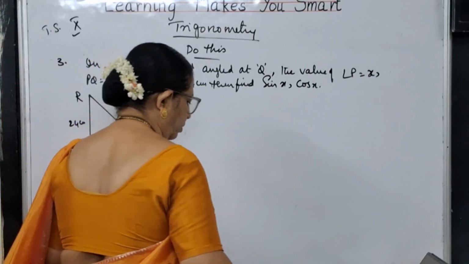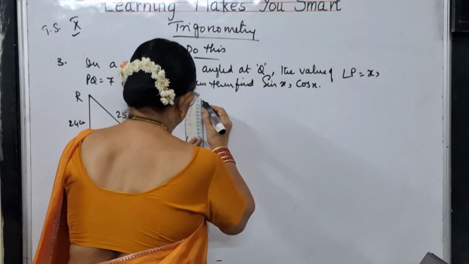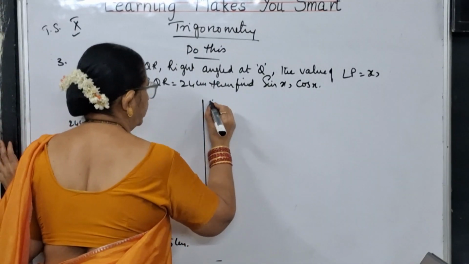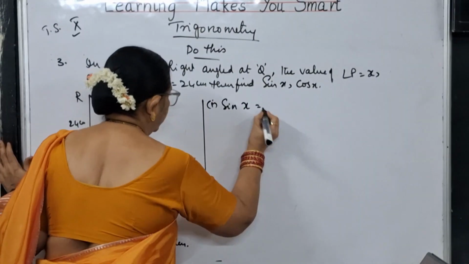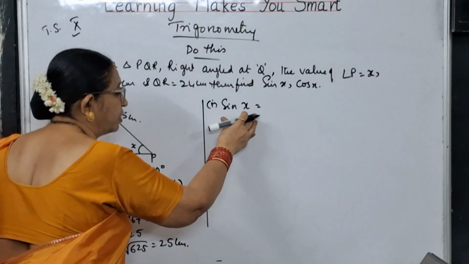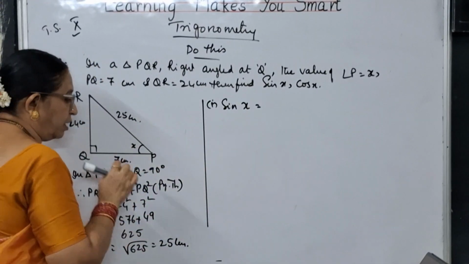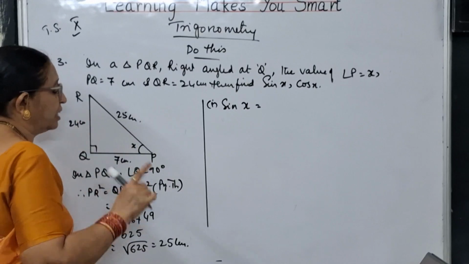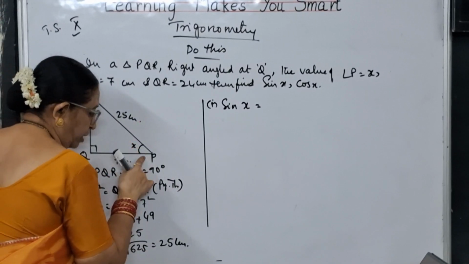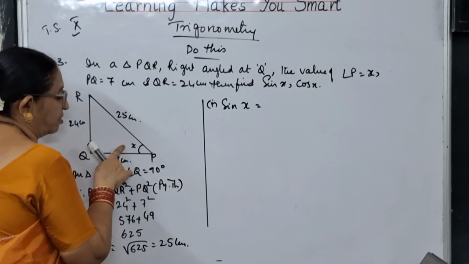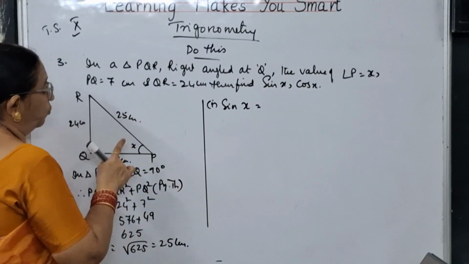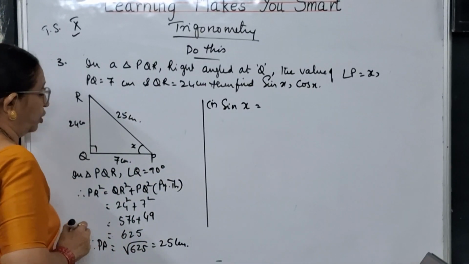Now we are going to talk about sin X. First bit is sin X. See, in the earlier case, we have discussed about the vertex that is given to you. We have called the angles in the name of vertex. But in case the vertex angle is given a certain name, we are going to talk with that name only. Here this vertex P has been given a specific name as X. So we will call the angle theta as X. So what is sin theta formula or sin X formula?